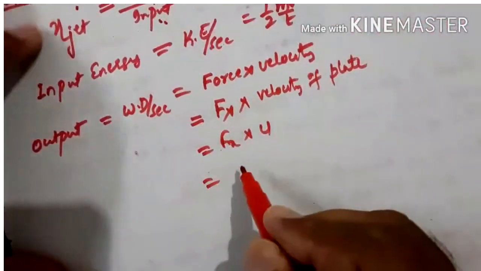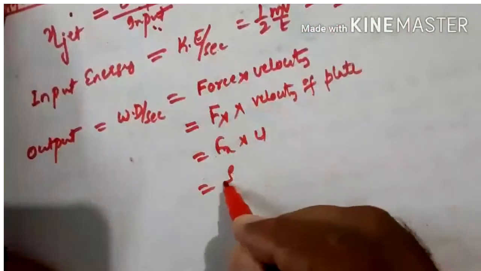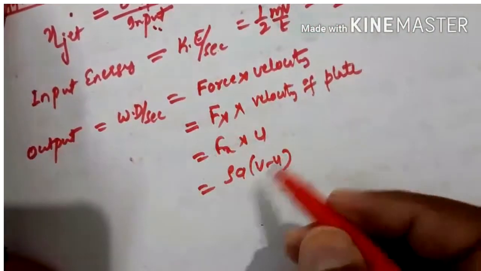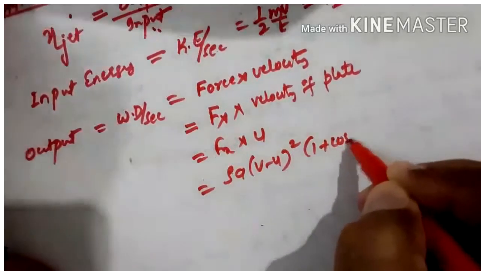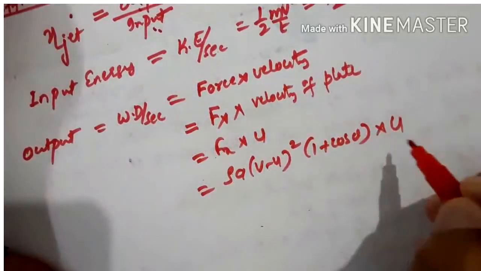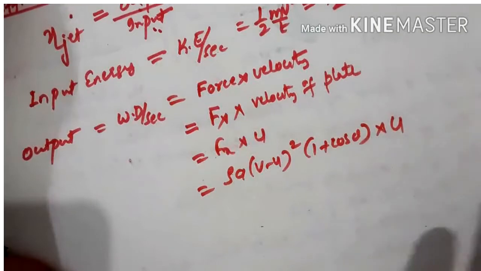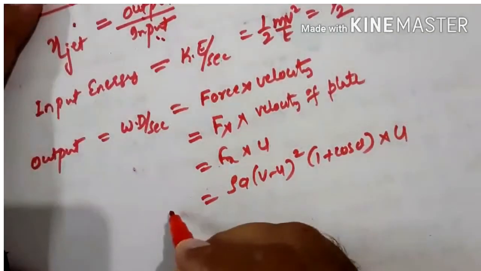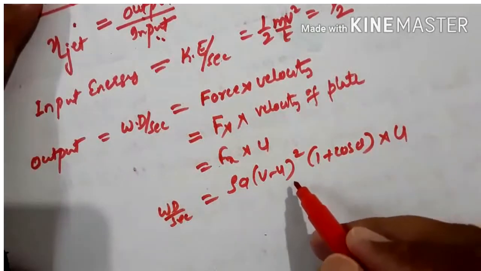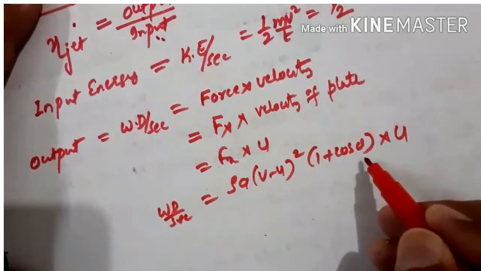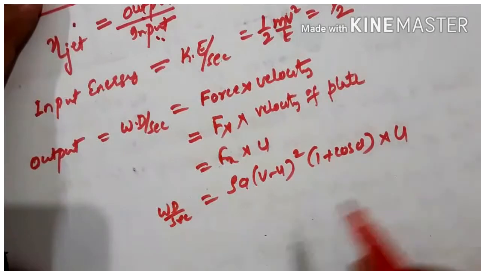So I'll substitute here Fx, which we have already calculated: rho a (v minus u) square (1 plus cos theta) into u. Then work done per second is rho a (v minus u) whole square (1 plus cos theta) into u.